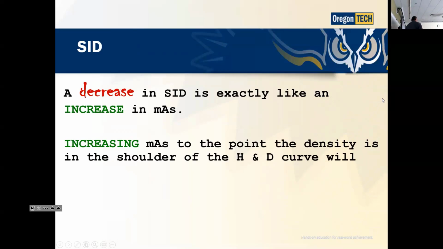As long as I stay in the diagnostic range when I change SID or change mAs, there's no effect on contrast. As soon as I push the densities into the shoulder or drop them into the toe, then an SID change will decrease contrast. So will an mAs change. Is that clear?